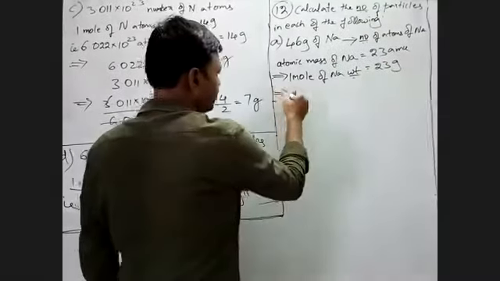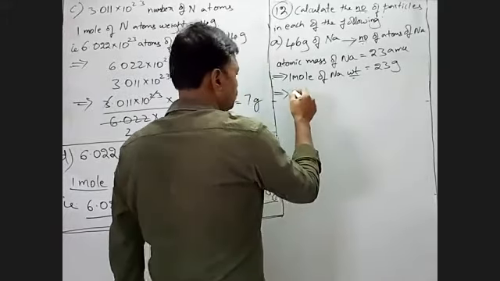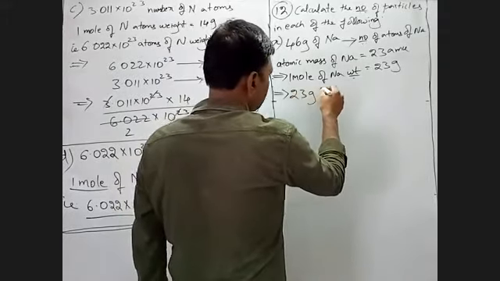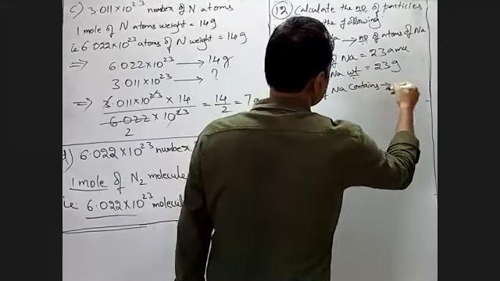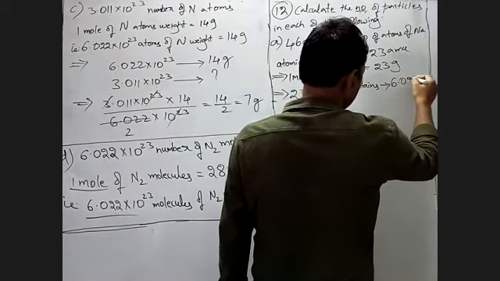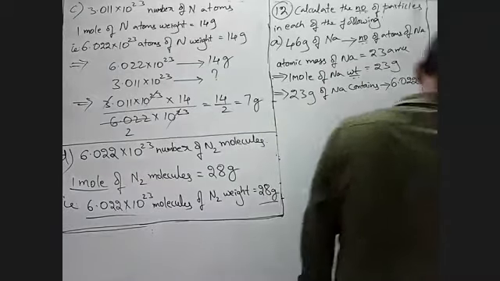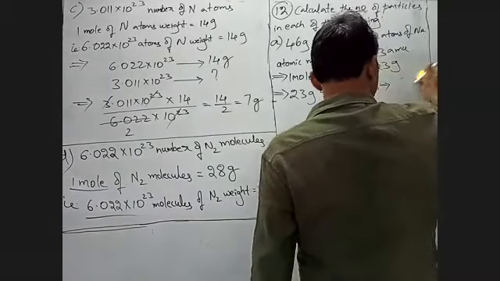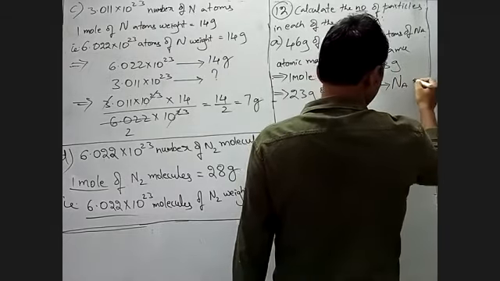So 23 grams of Na contains Avogadro number of atoms.